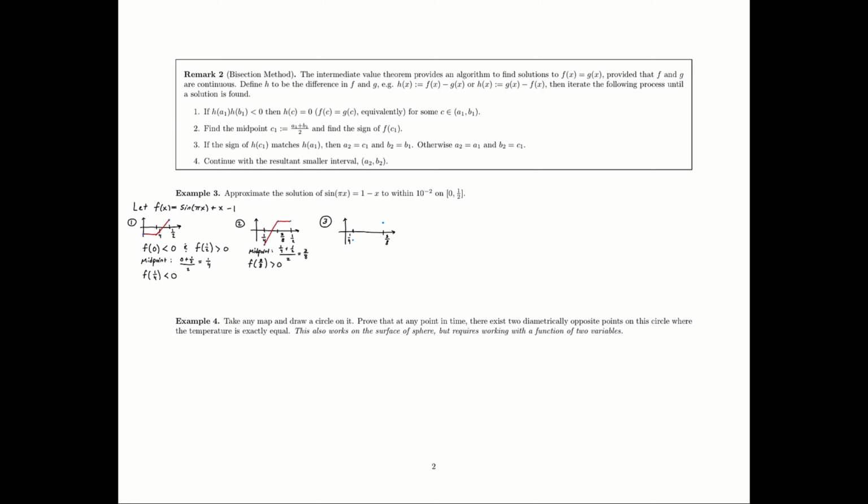We have to get our midpoint. Our midpoint is just 5/16. I'm not going to show the calculation for that. You guys can do that. 5/16. And if you plug that into the function, you get positive. So again, 5/16 is the midpoint.